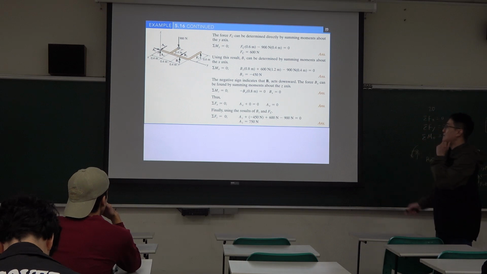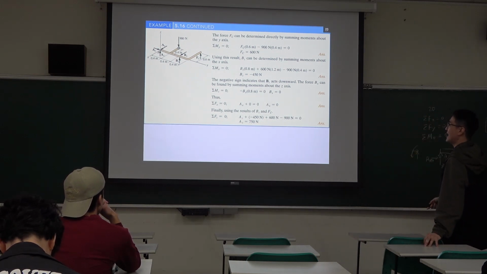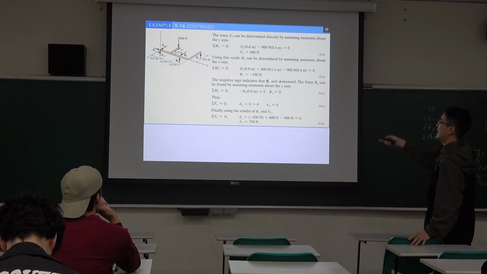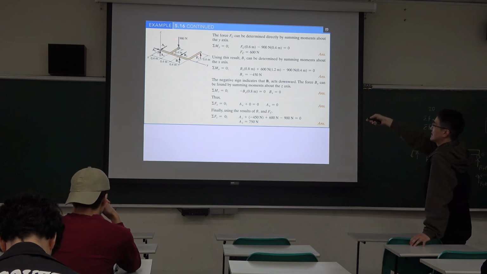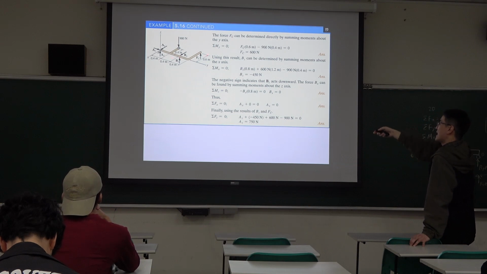Okay? Then, if we take a moment for the z-axis, so actually we can work for the z-axis. Okay, and 900, FC and also BC do not provide a bending moment, okay, for the z-axis.